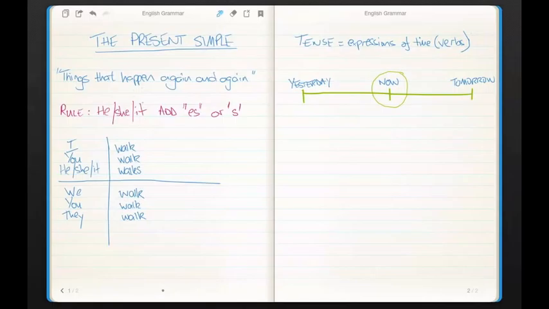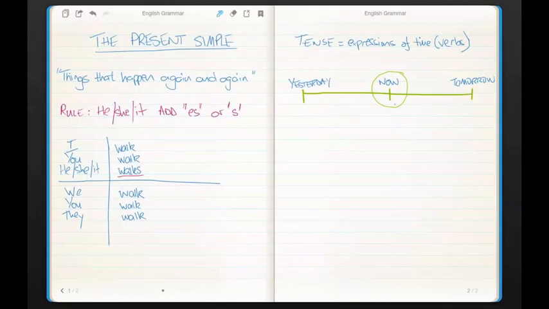So you can see again that he, she, or it takes an S. So this is the rule. And the present simple is to talk about things that happen again and again. And you can think of it as something that's happening now, if you like.